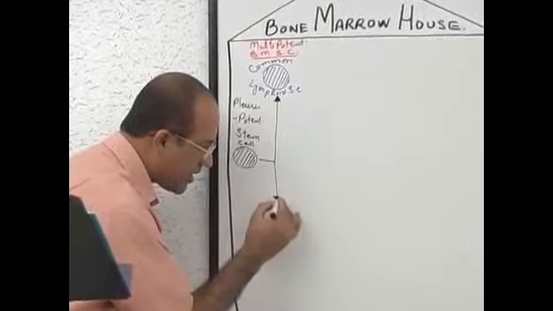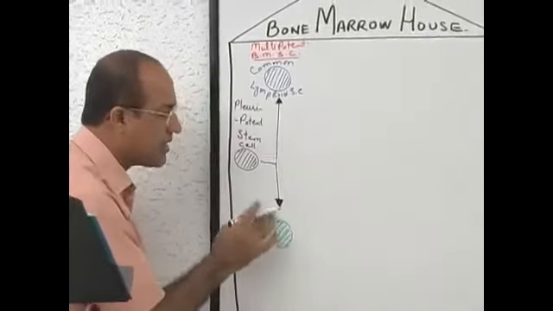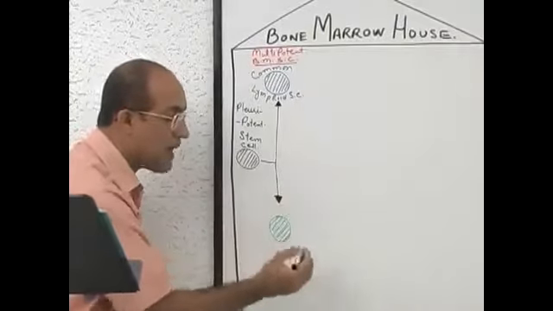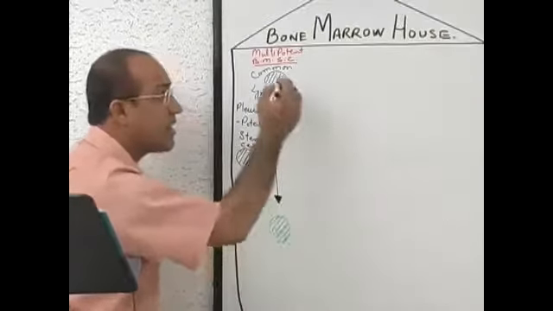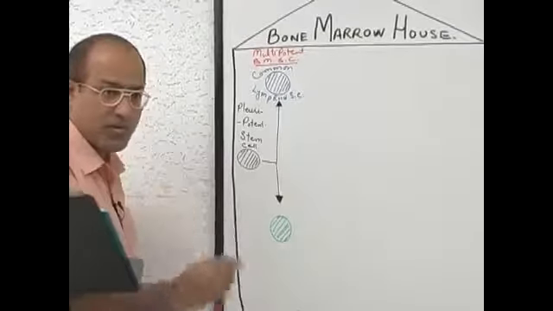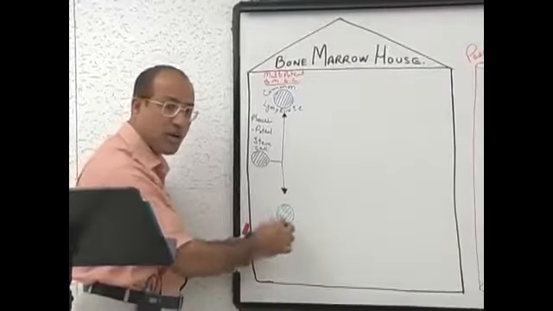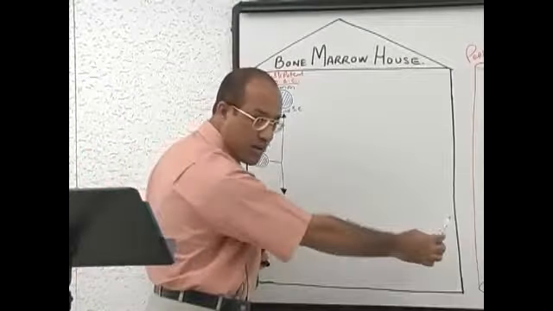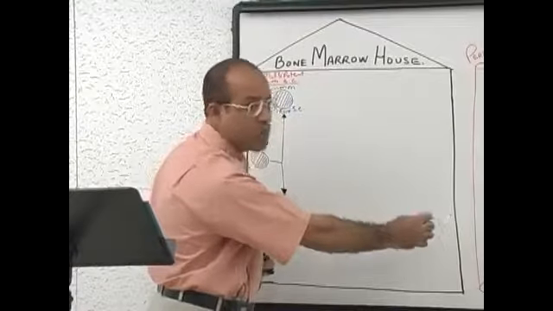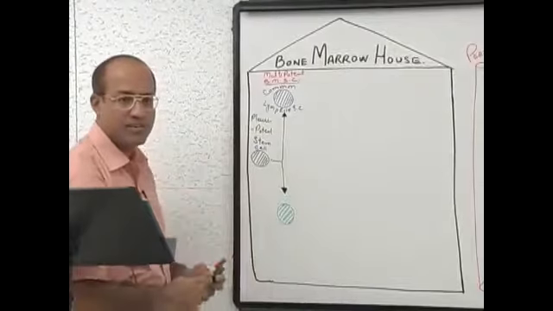Myeloid cells mean all the bone marrow and blood cells other than the lymphoid system. What is the myeloid system? Myeloid system means bone marrow plus all the cells produced by the bone marrow other than lymphocytes, because lymphocytes are included in the compartment of the lymphoid system.